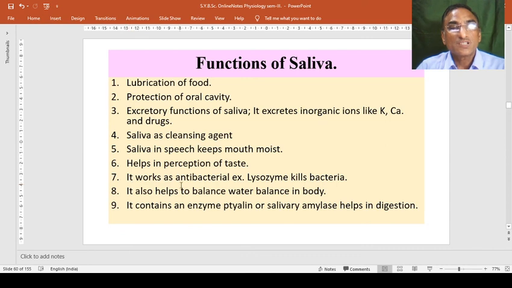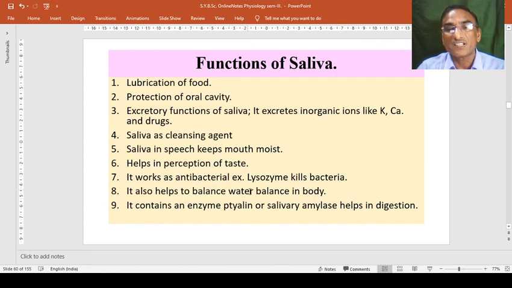It also works as an antibacterial agent, for example lysozyme, which kills the bacteria in the mouth, or the bacteria with the food in the crevices or in between two teeth. It also helps to balance water balance in the body.